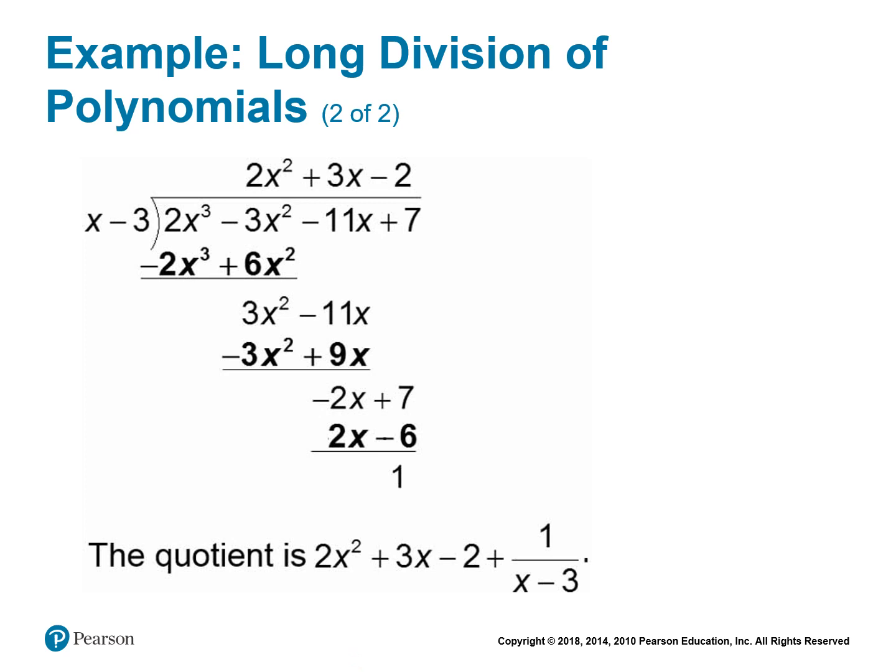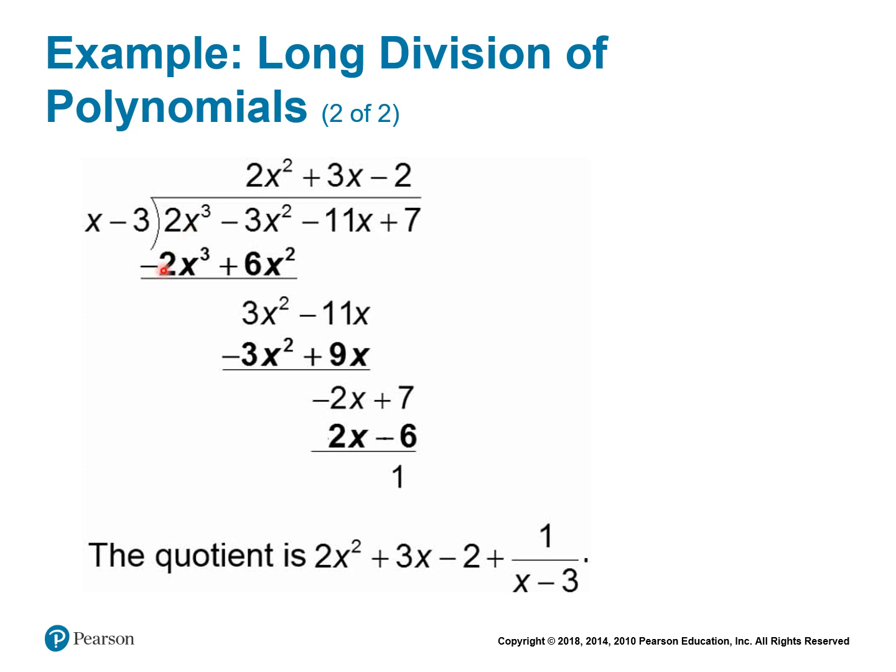The first thing is to find the first term of the quotient. We take the first term of the dividend and see what we should multiply x by to get 2x cubed.